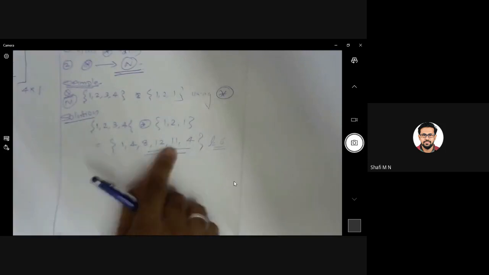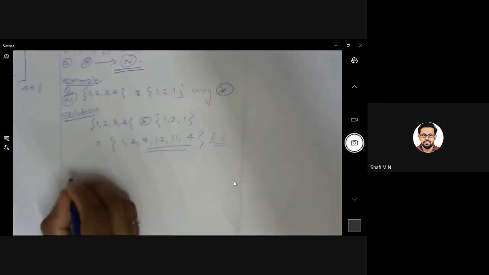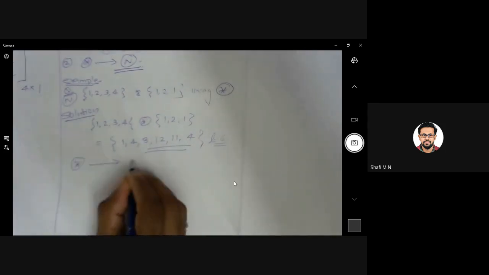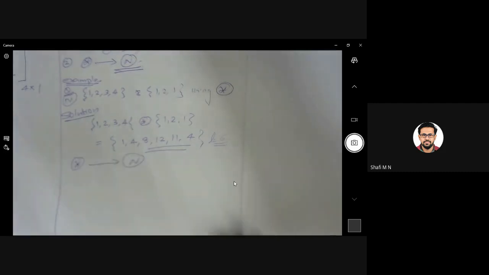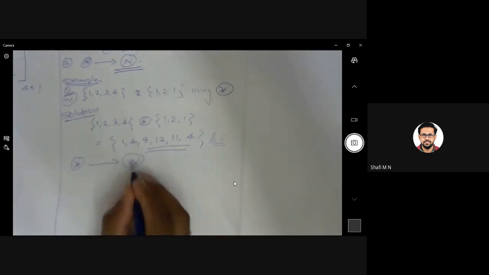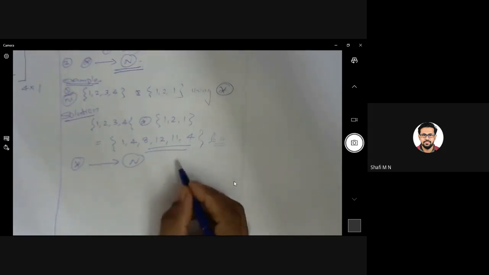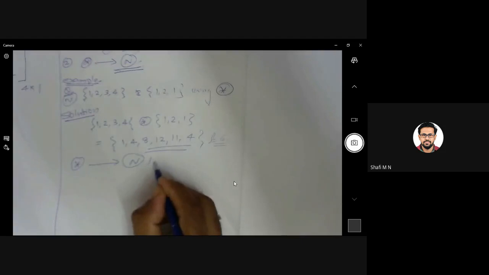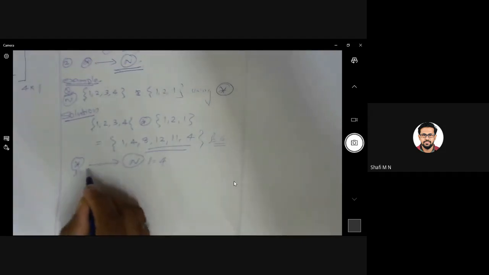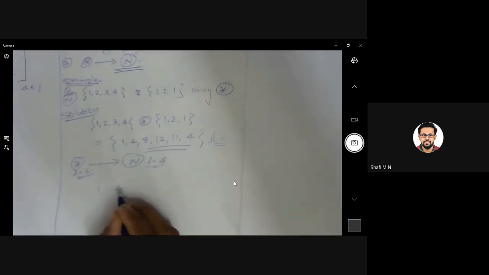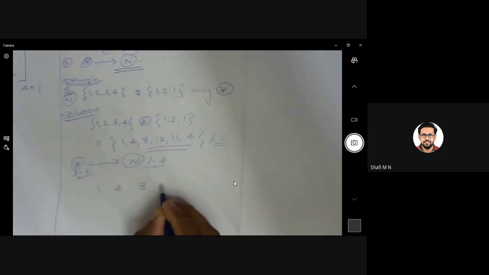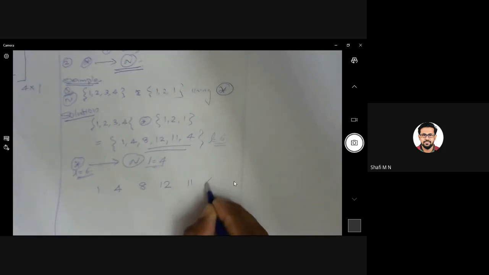This is the result of linear convolution, and now I am going to convert it to circular. In circular convolution, I need only 4 answers, L equal to 4. Here my linear answer was 1, 4, 8, 12, 11, 4.